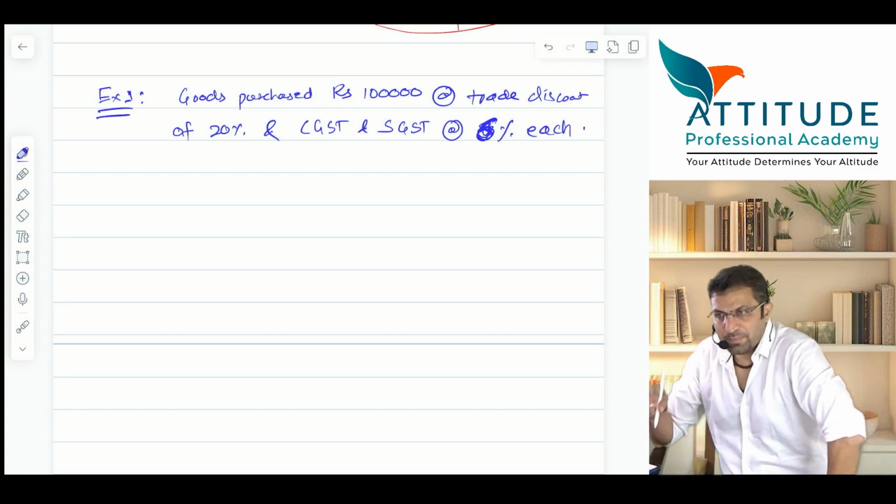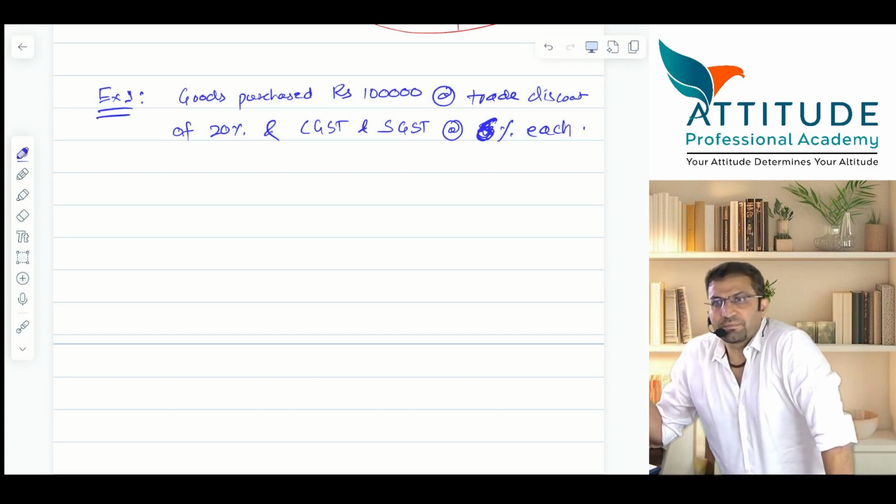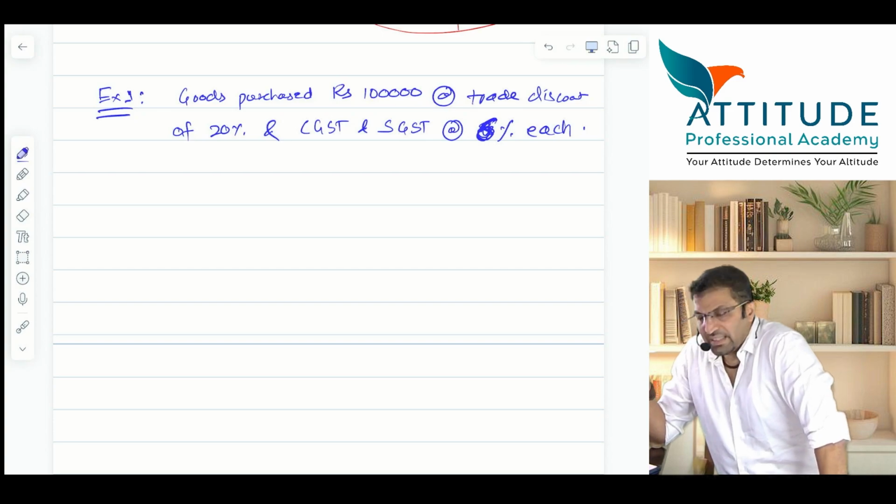Means CGST is 6%, SGST is 6%. Is that clear? Pass the journal entry.